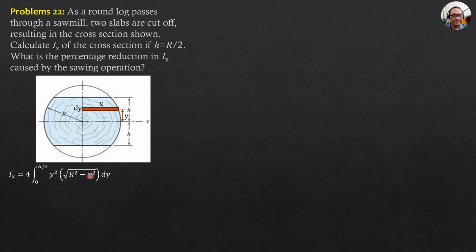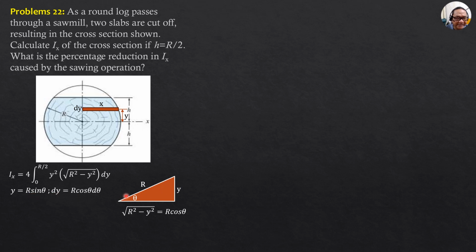So we put the variable y equals r sine theta from our experience, and let's define a right triangle for that. And we already learned that this is r cosine theta. The differential is r cosine theta d theta also. So defining a right triangle for y equals r sine theta.